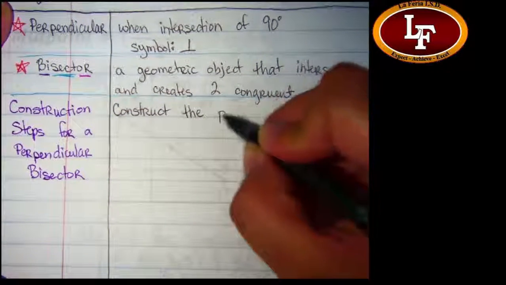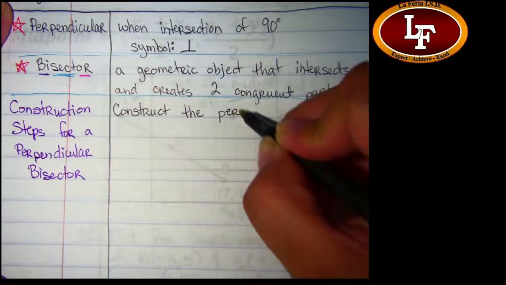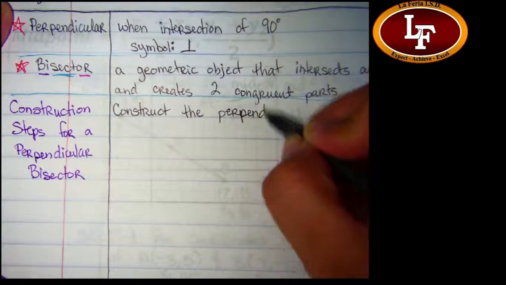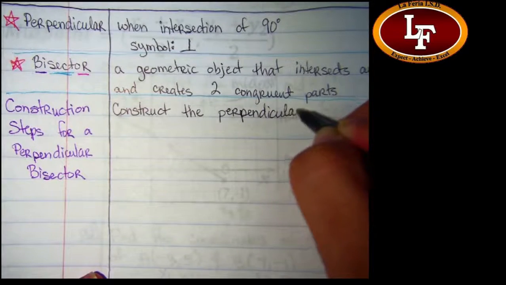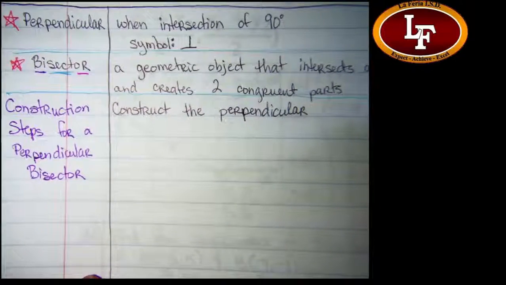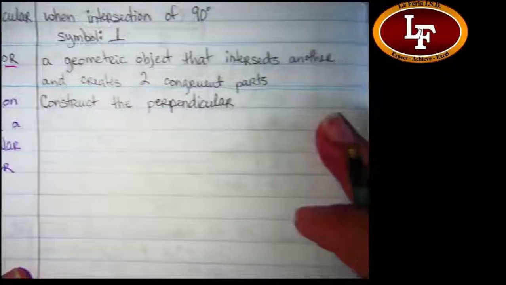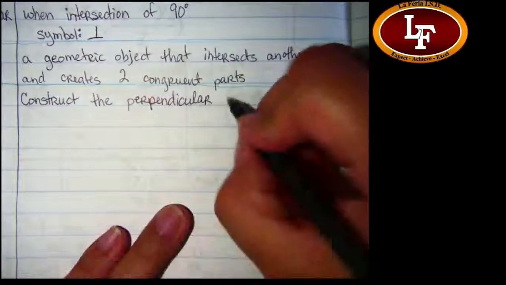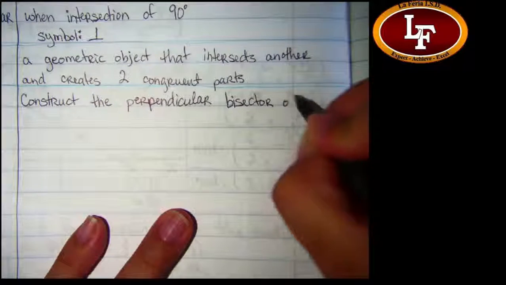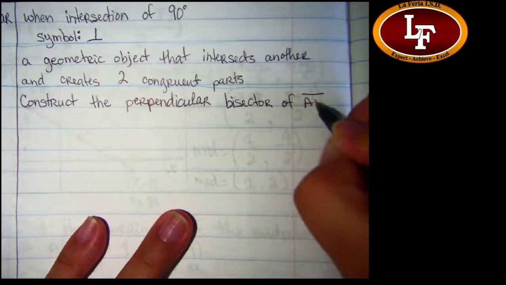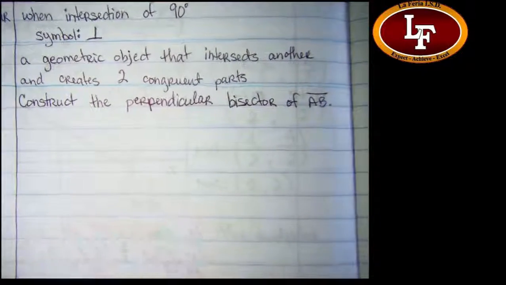When you have a direction that says construct the perpendicular bisector of a line segment, in this case, line segment AB.